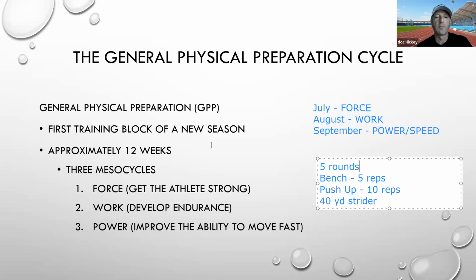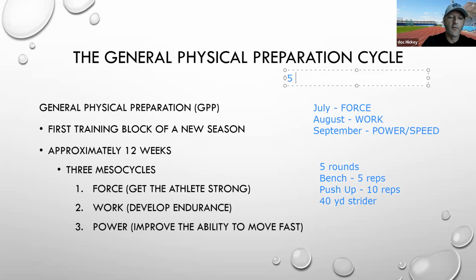So this is going to be a little bit different than over here if we're doing 5 by 5 bench on a 2-minute clock, because what's going on there is every 2 minutes we lift. Over here, we do 5 reps of bench, 10 reps of push-ups, 40-yard strider.